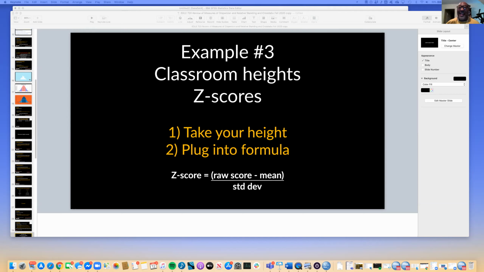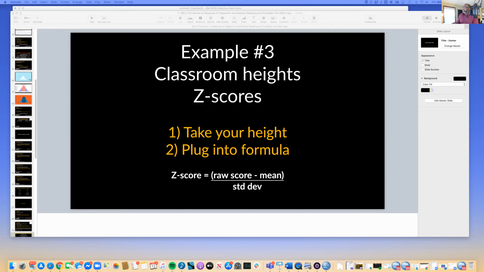I figured it out. That's why I need a class full of people to talk to. I be doing some crazy stuff where I'm by myself. No, it's okay. Like, this is 69. So you hit 69 minus the mean, which is 68.5. And then you divide that by the standard deviation, which is 2.63. 0.19. There you go. So you're right there, under 1 standard deviation of the mean.